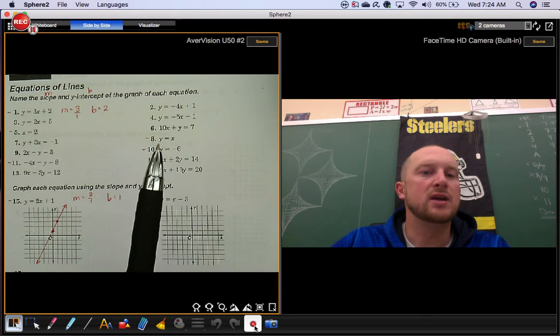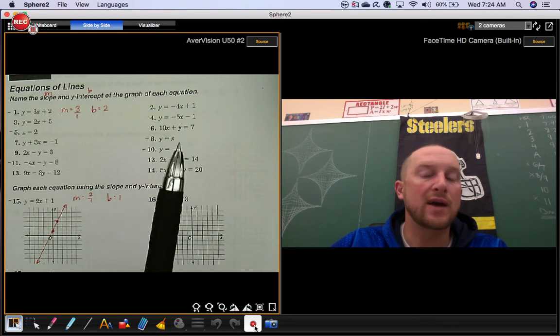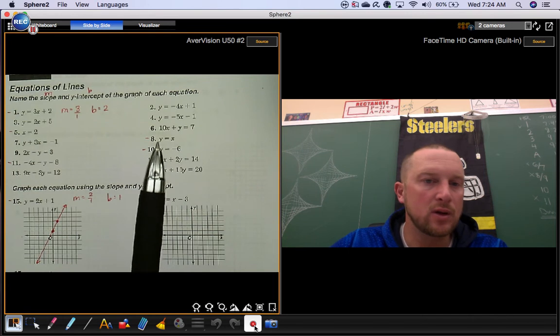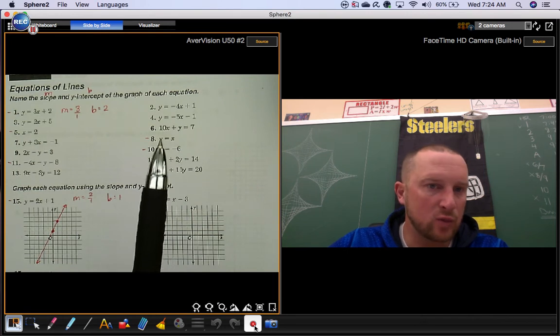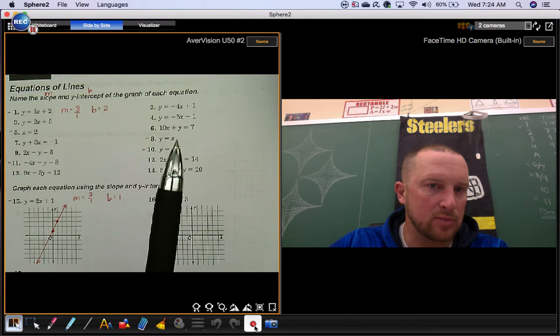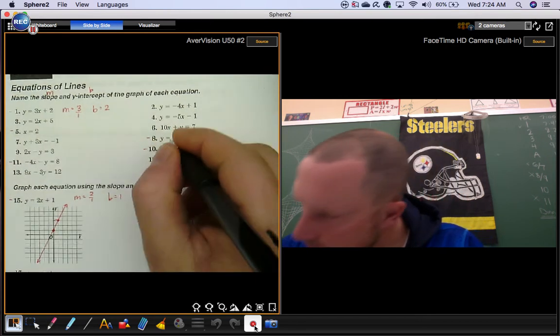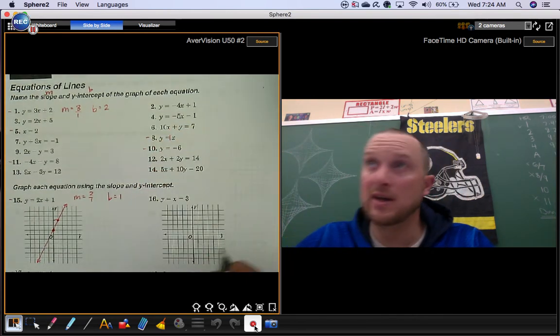Let's look at this example. Y equals x. This one fools people all the time, and it's really, really simple. Imagine that it's y equals mx plus a number. If there's nothing in front of that x, what is really there? The coefficient on that x is a 1.